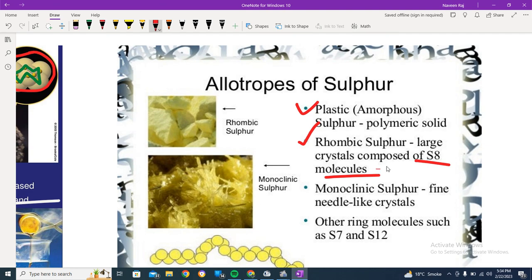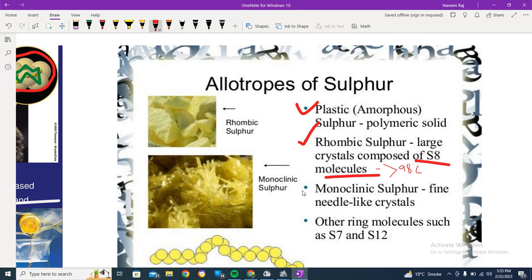It exists below 98 degrees Celsius, and it is stable at room temperature, of course, 25 degrees Celsius, and it exists in nature, insoluble in water, non-polar, a bad conductor of heat and electricity, and it has S8, so we can say that it has the crown shape.